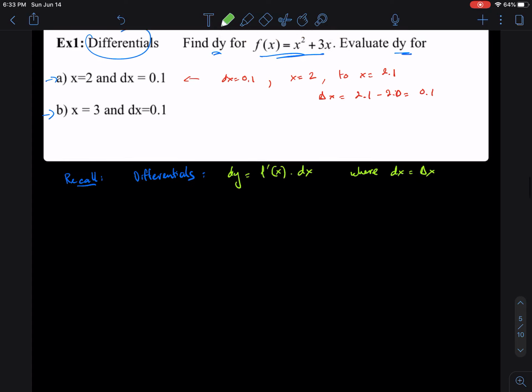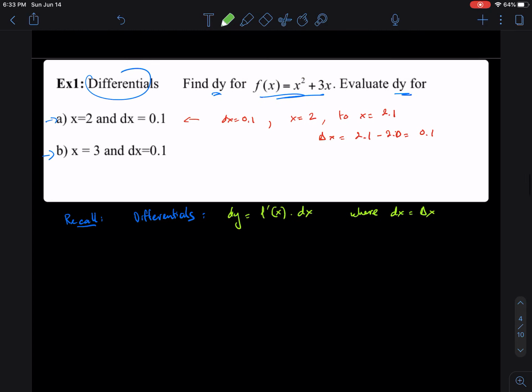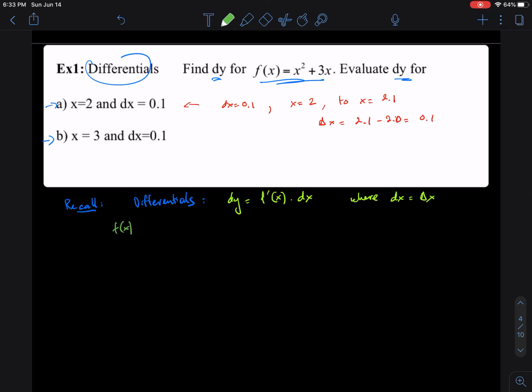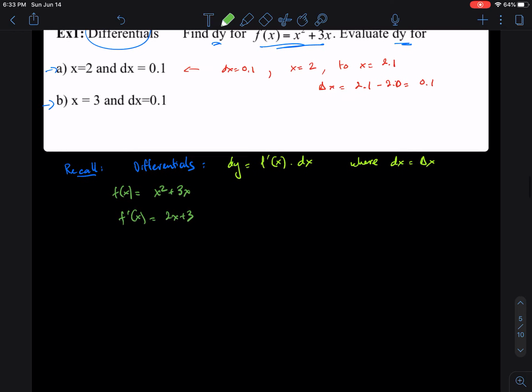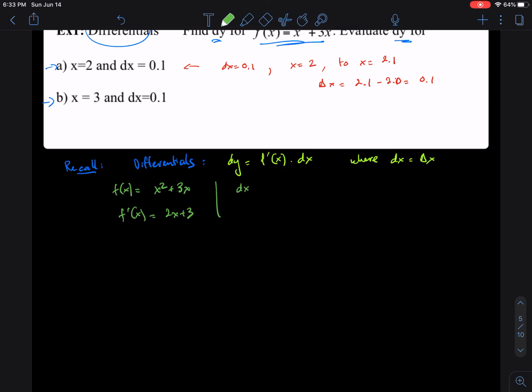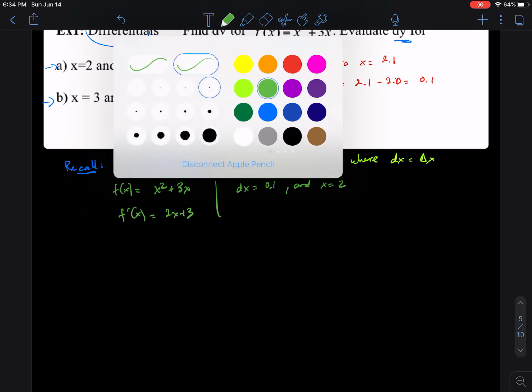So we know that first we need the derivative function. If f of x is x squared plus 3x, then f prime of x is 2x plus 3. And we know that the given dx is 0.1 and x is 2, so we want to find the differential at the current level of x. dy, the differential, is equal to f prime of x times dx.